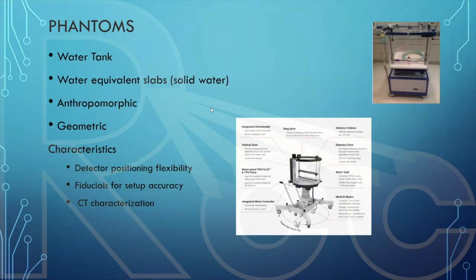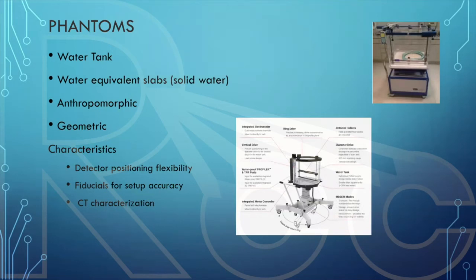So now we have been talking about the detectors, right? But these detectors we have to place somewhere. So we use phantoms. We might use a water tank or solid water, what is called water equivalent slabs. We might also use anthropomorphic phantoms if they are available, or geometric phantoms.